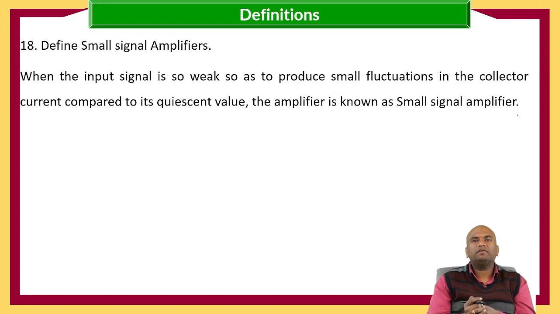Because we are giving a small input signal, that is a very weak input signal, it produces small fluctuations in the collector current compared to its quiescent value. That amplifier is known as a small signal amplifier.